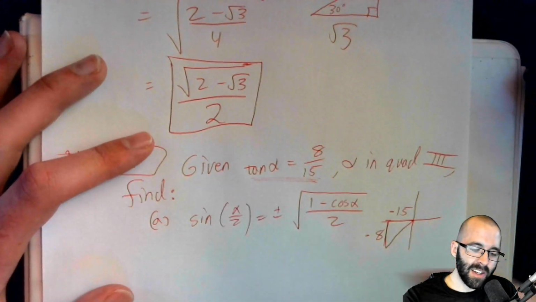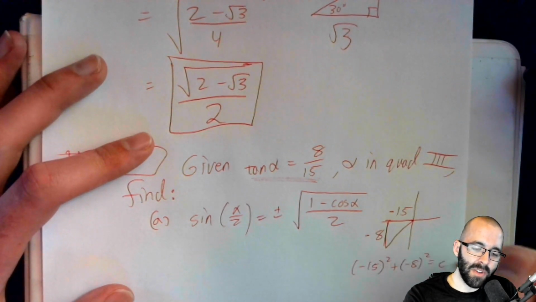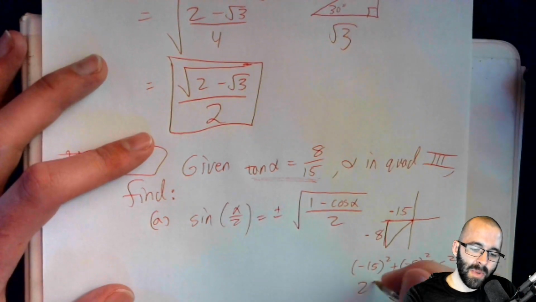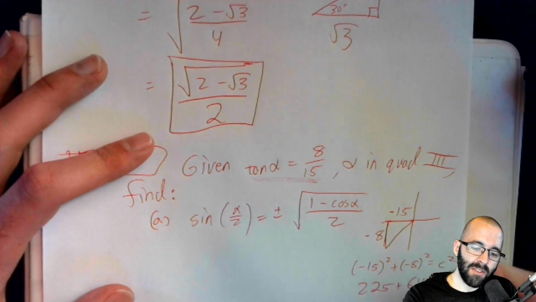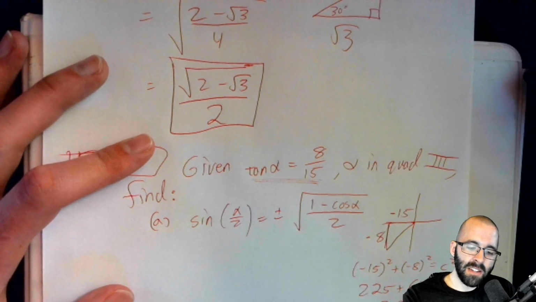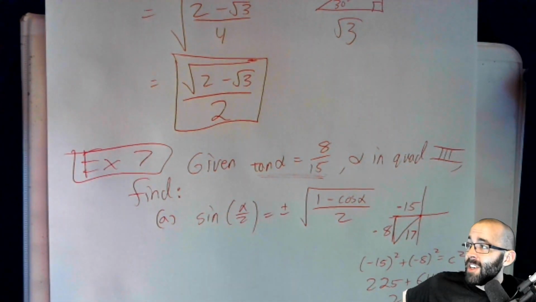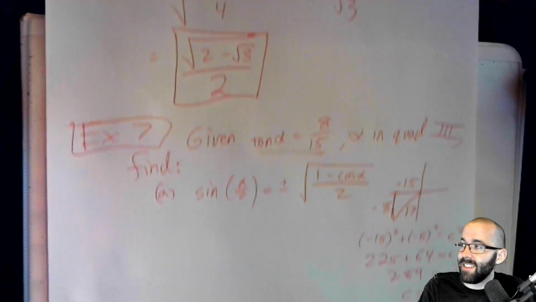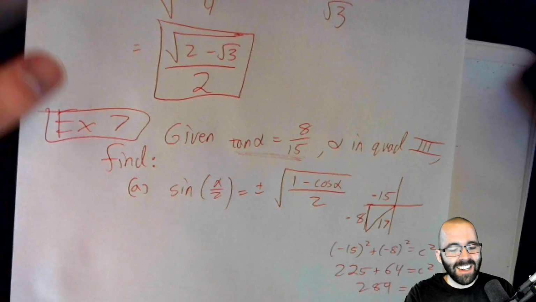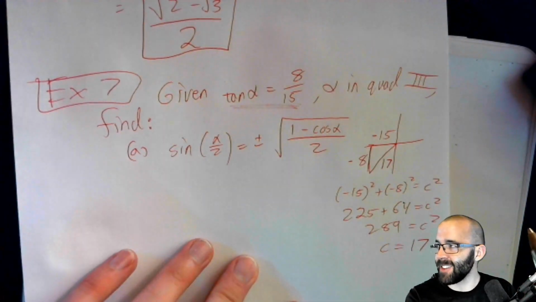So the Pythagorean theorem says negative 15 squared plus negative 8 squared is equal to the hypotenuse squared. This will be 225 plus 64 equals c squared. Add these together, you get 289. Square root, it's always positive, so you get 17 as the hypotenuse. If you're really good with your special triangles, you might have recognized the old 8, 15, 17 special triangle.